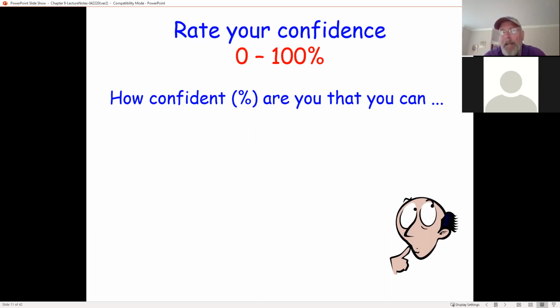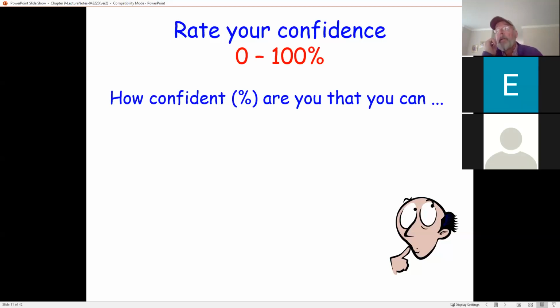But if the mechanic said, I can fix your car and I have 95% confidence that it's going to run better, would you leave your car with the mechanic? Yeah, you would. Okay, and so 95% is a good way of feeling good about what you're thinking.